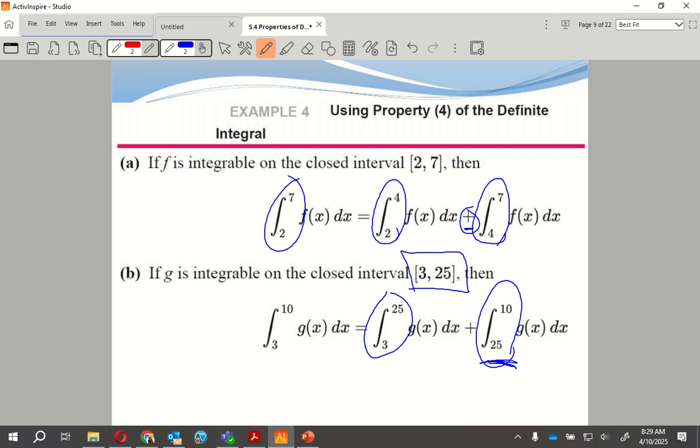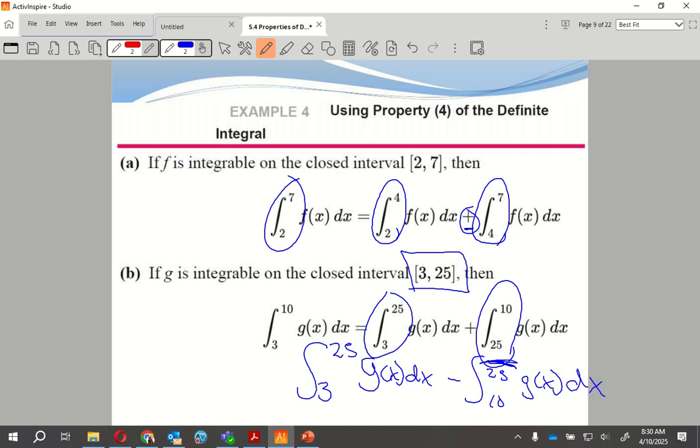So this would be, let's see, the integral from 3 to 25 of g of x minus the integral from 10 to 25 of g of x dx.